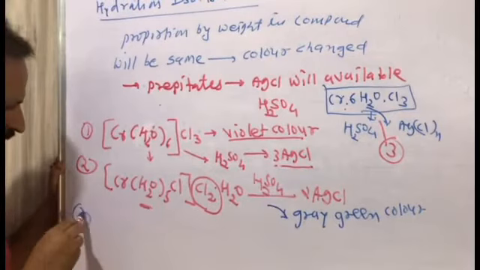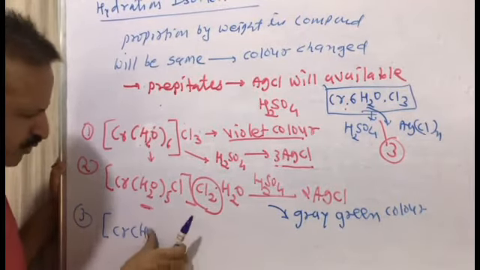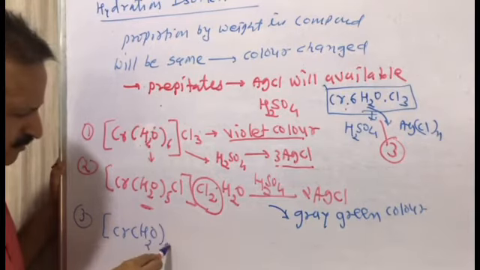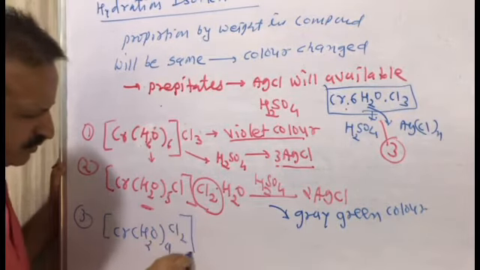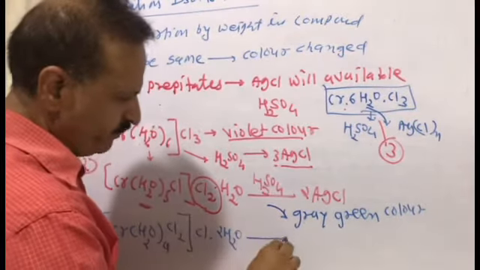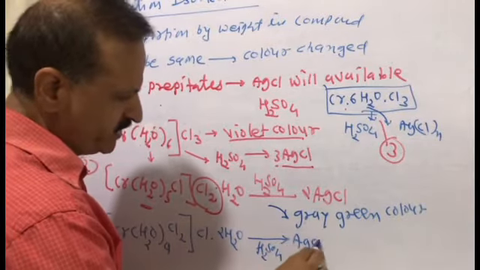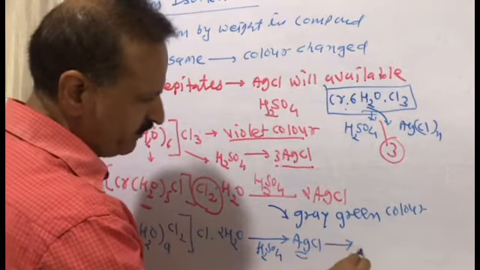Third one, Cr(H2O)4Cl2, Cl 2H2O, and we are having precipitate with H2SO4, one AgCl molecule, and it is having green color.